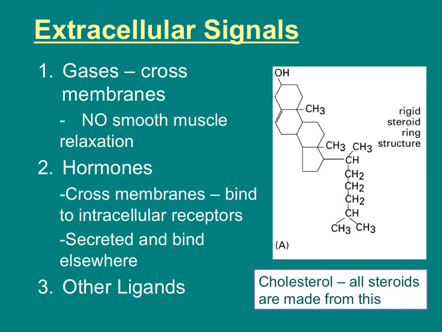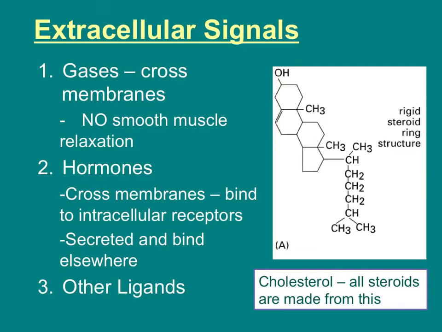All right, so let's talk about some of these extracellular signals, the ligands that are going to work. Gases are really cool because they can just cross cell membranes without having to do anything. Nitric oxide is one of them. Name another gas that crosses the membrane that kills you. Carbon monoxide. Yay, that's a great one.